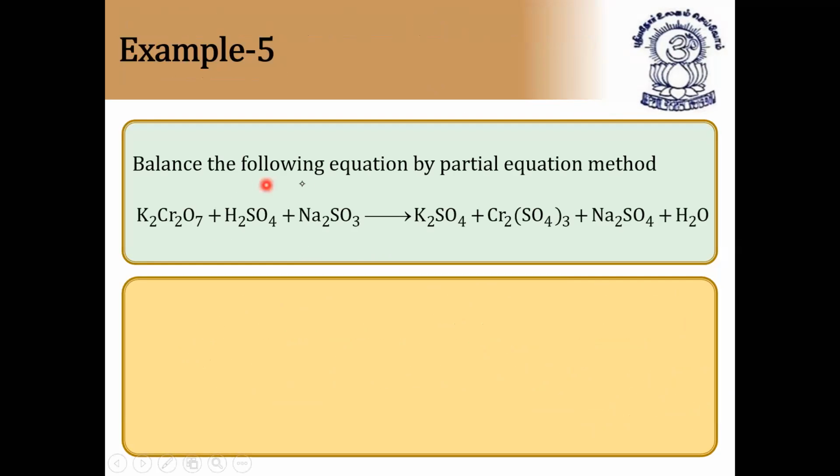Example 5: balance the following equation by the partial equation method. Potassium dichromate combines with sulfuric acid and sodium sulfite to form chromium sulfate, sodium sulfate, and water.